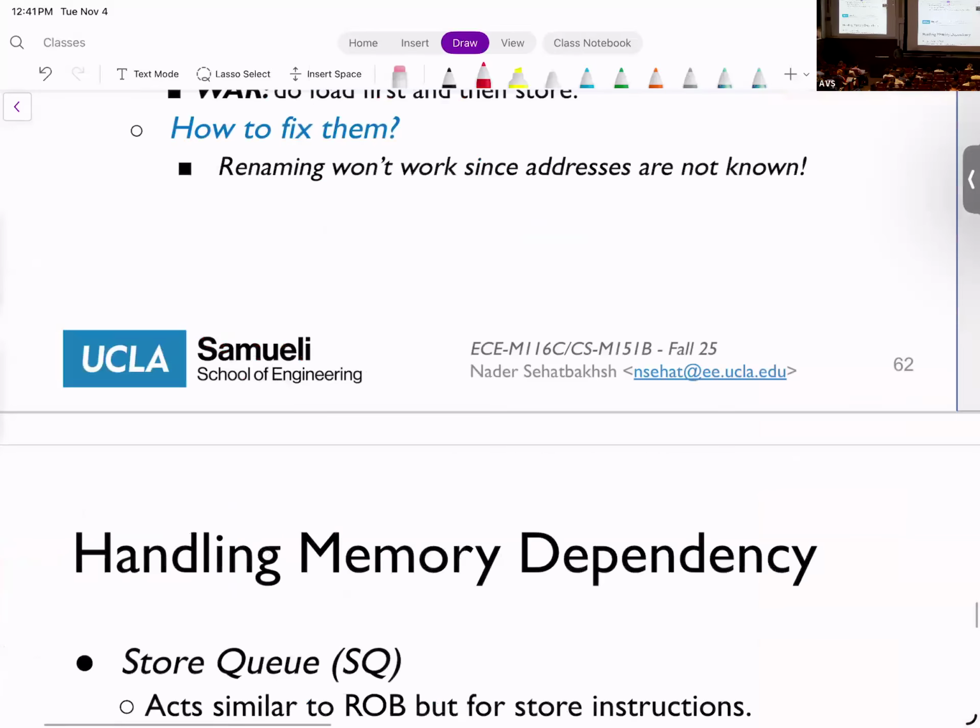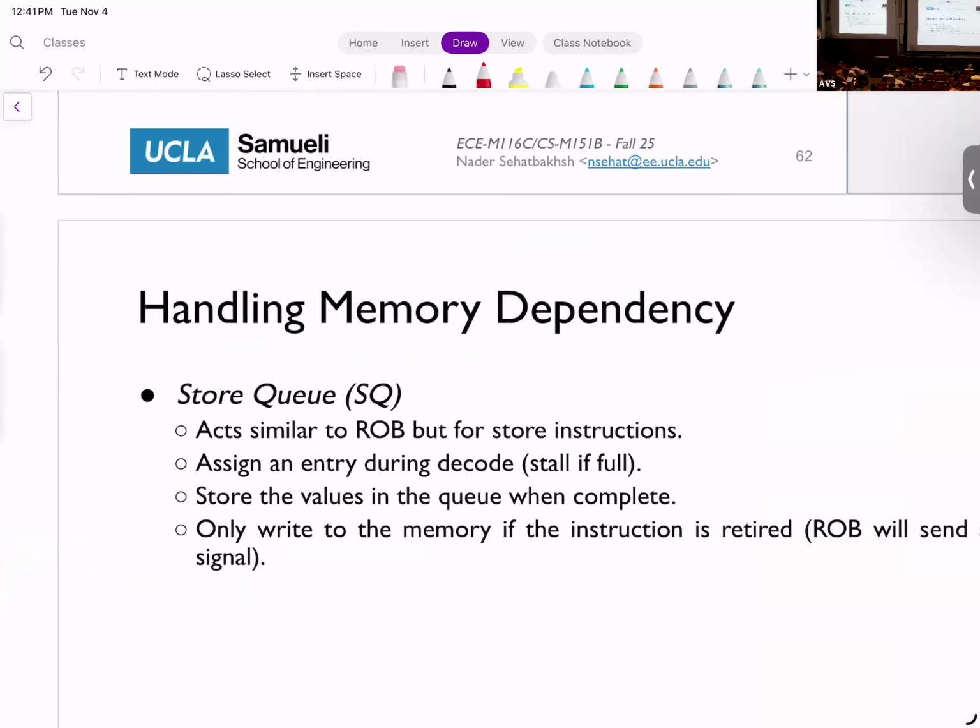So in order to fix this issue, we have this thing called store queues, and you're going to later see load store queues. Okay. The load store queue acts like an ROB. It could be part of the ROB or a separate unit. What it does is essentially assign an entry into the store queue during the decode stage.